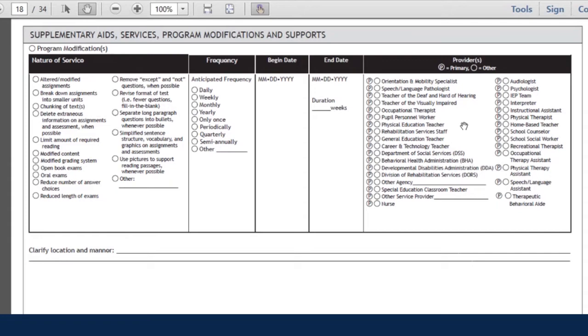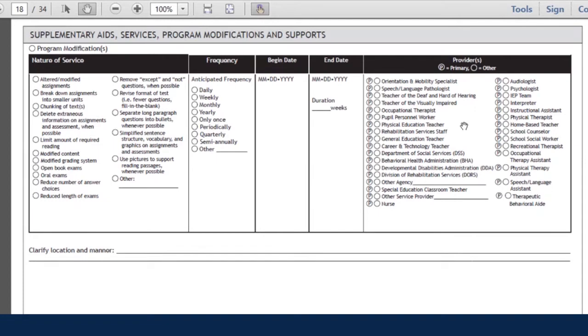And when we reach a point that we cannot agree on a decision, I use prior written notice, which is the parent asking the school to document the fact that the school and the parent cannot come to resolution on an issue, or that the school is unwilling to consider what the parent is asking. And when that happens, that needs to be documented in the IEP, and that is called prior written notice.